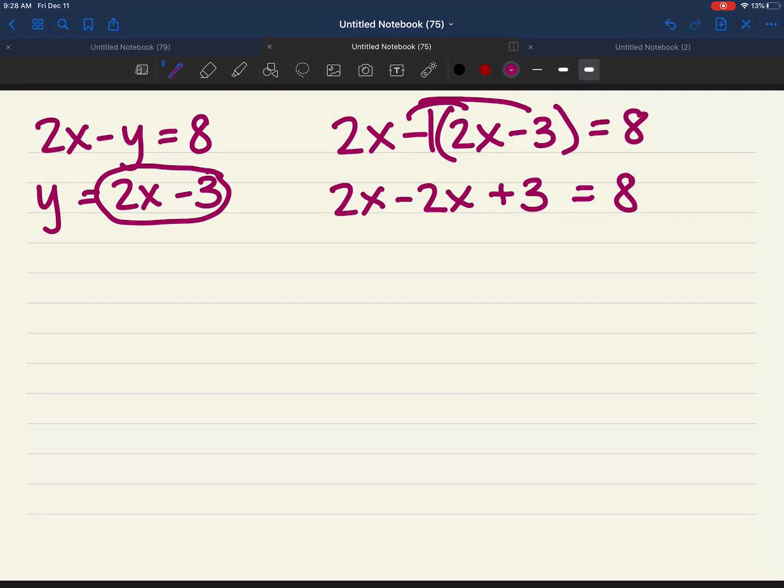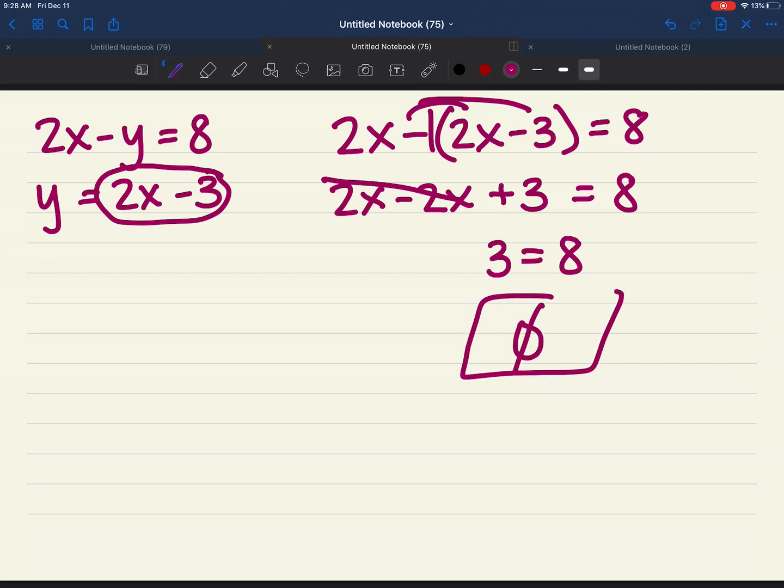You subtract 2x from 0. So 2x minus 2x does what? 0. And you're left with positive 3 equals 8. Is 3 equal to 8? No. So what's your answer, Jordan? No solution. Right. Good.